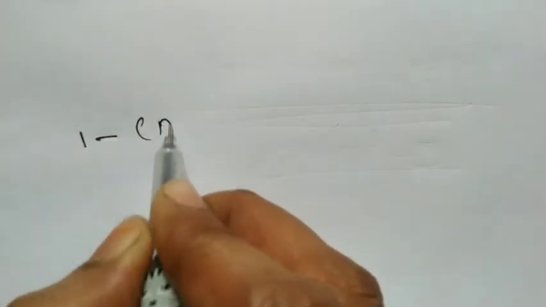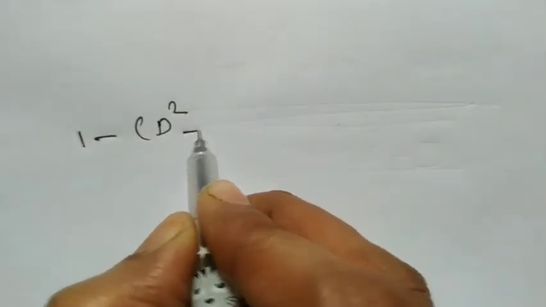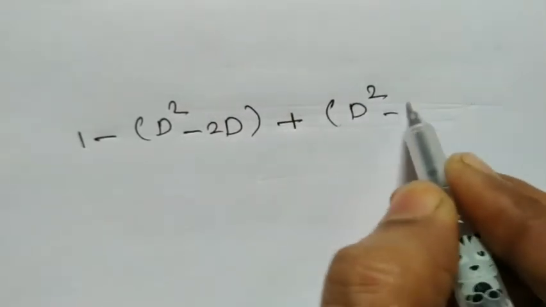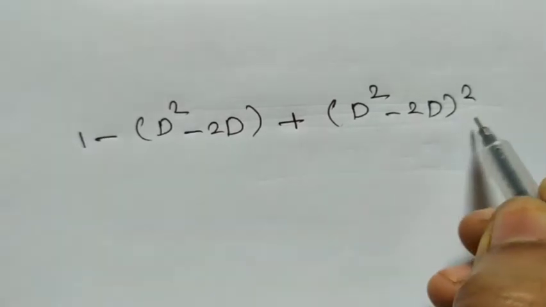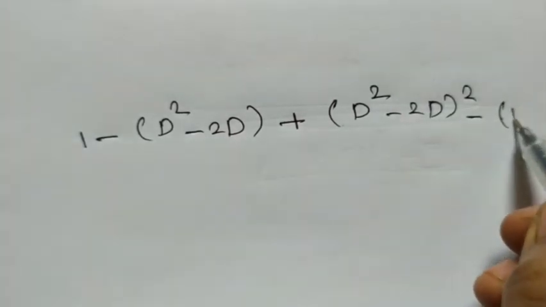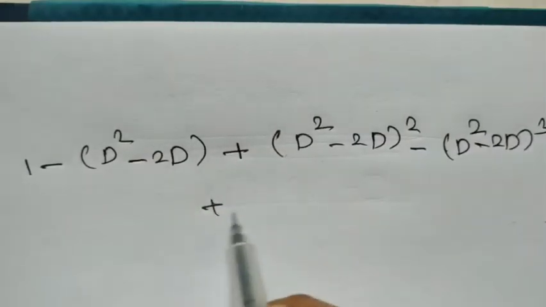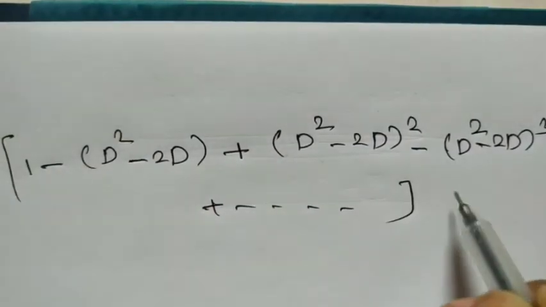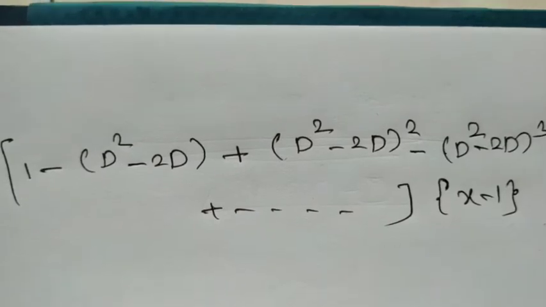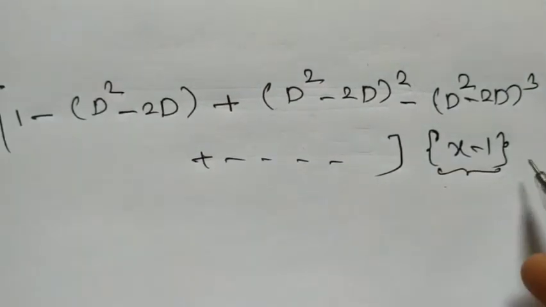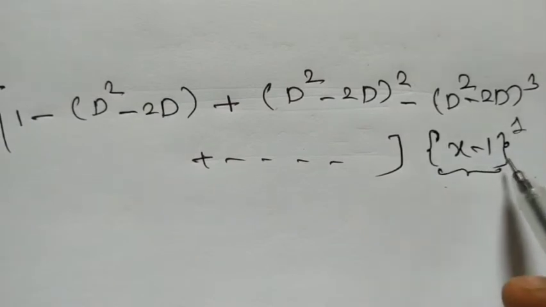So 1 minus (D square minus 2D) plus (D square minus 2D) whole square minus (D square minus 2D) whole cube plus and so on, into x minus 1. Expand these forms by using this on x minus 1 whole power 1.